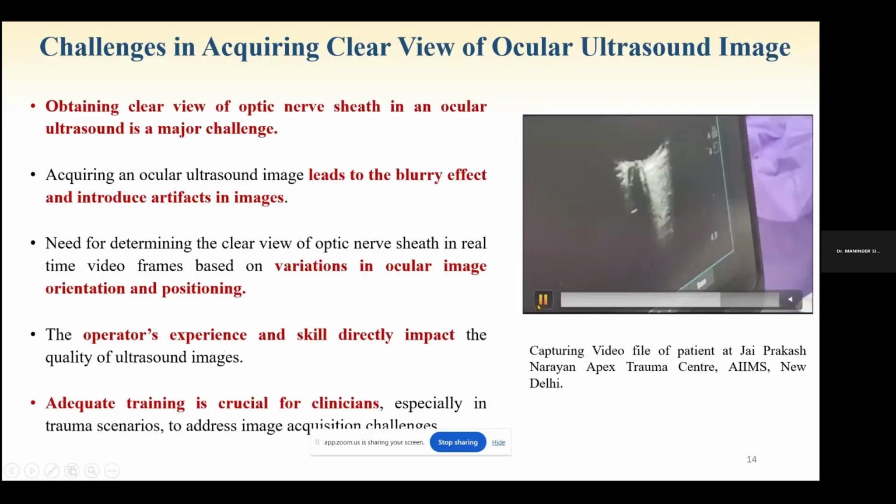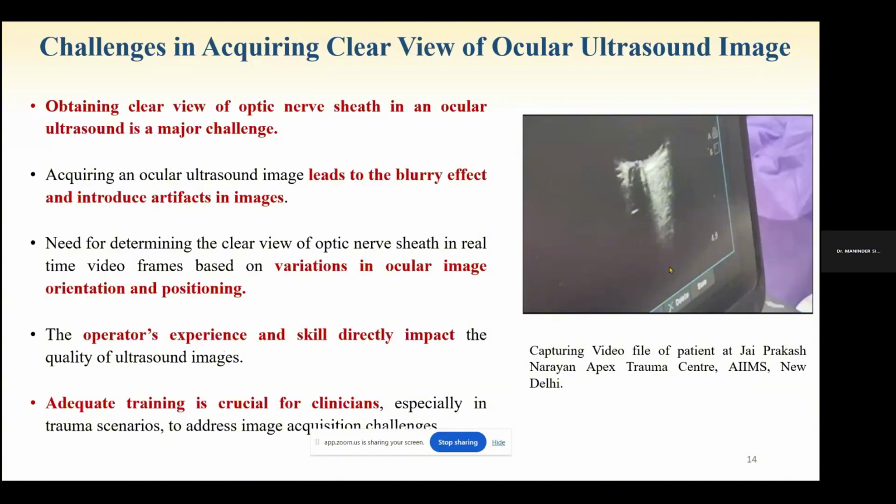You can see that during the capture, a lot of images are generated, and the optic nerve area is not constant. It varies with each image, and in some images, if proper gel placement is not there or the person is not skilled, it is very difficult to capture a good image from which we can measure the biomarkers I mentioned, the optic nerve sheath and eyeball transverse diameter. Doctors face challenges because even if he captures an image, if it is not good, the parameters may change.